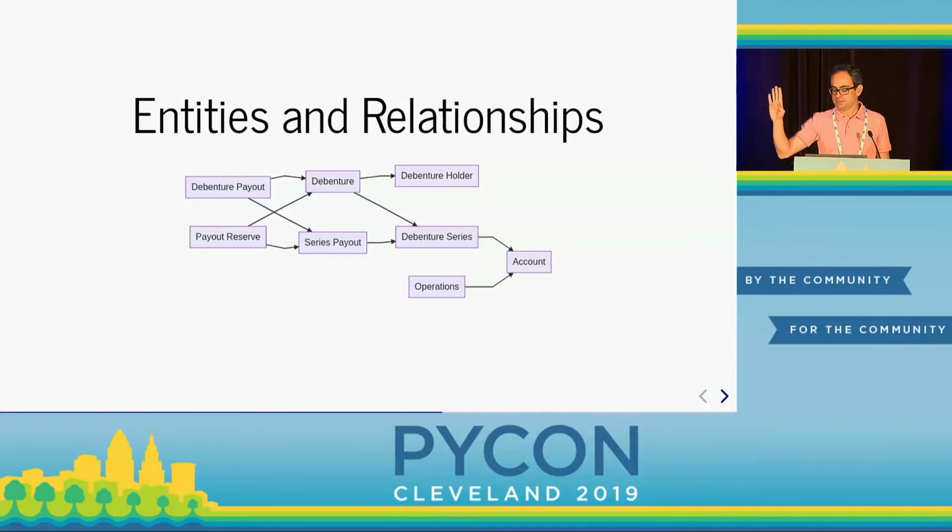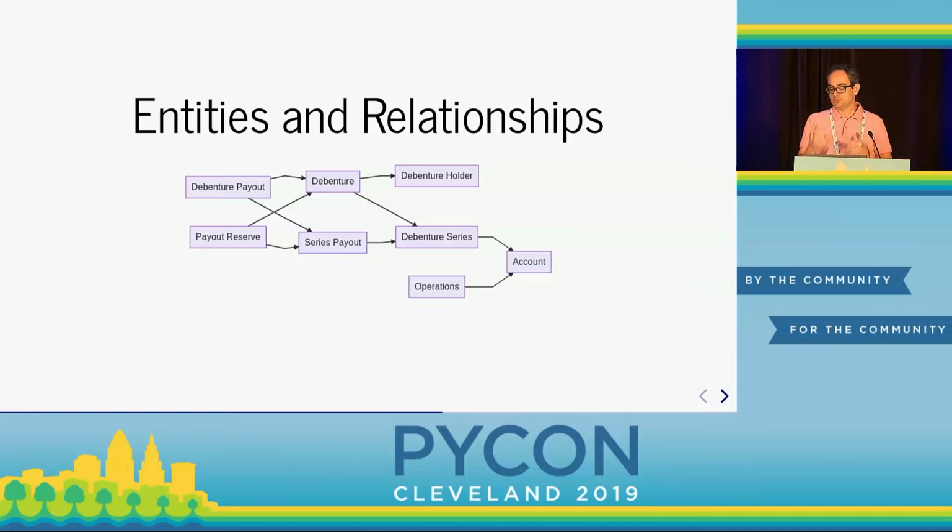And then to the right side of this diagram, you have the debenture series, which is a collection of debentures that were sold to a number of debenture holders. And the loans that go out, they pay money into this account. And each payment becomes an operation into this account.